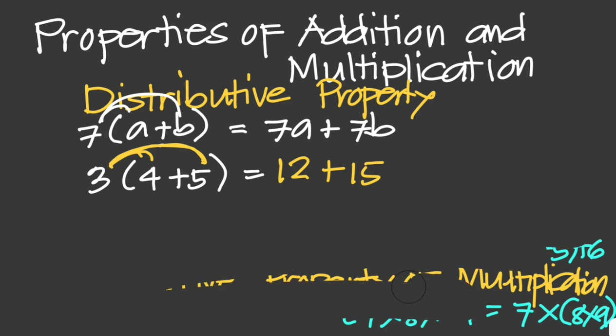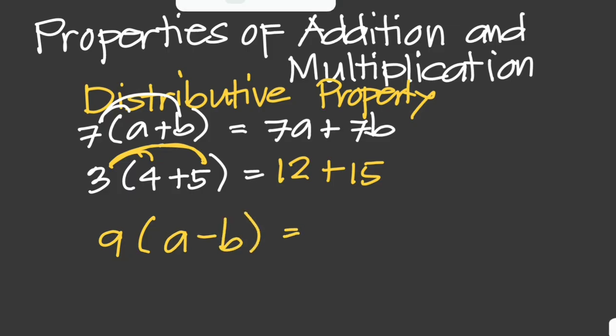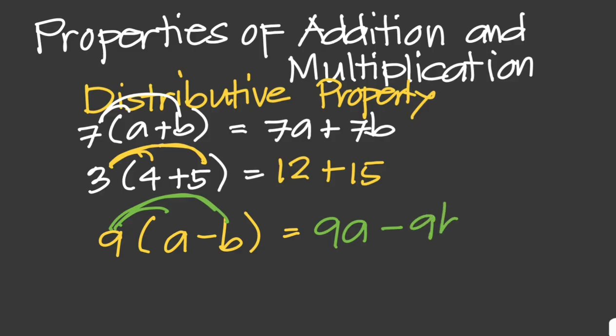How about we're given this one? Let's say 9 times a minus b. Then we just distribute 9 to a minus b. So 9 times a is 9a. Then copy the operator sign minus. Then 9 times b is 9b.